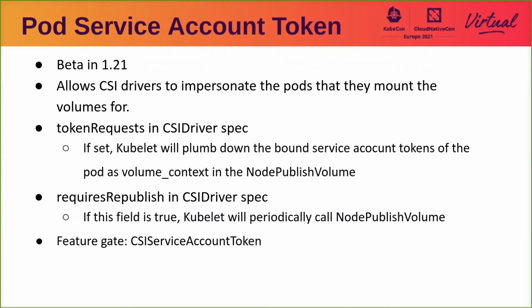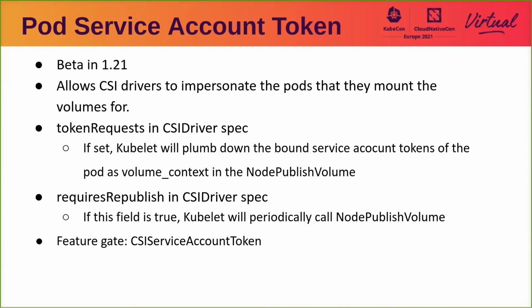The second field in CSI driver spec, requires republish, is optional. If it is true, node publish volume will be periodically called. When used with token request, the token will be refreshed if it expired. Node publish volume should only change the contents rather than the mount, because the container will not be restarted to reflect the mount change.